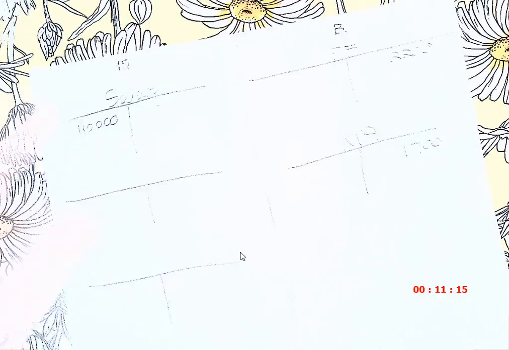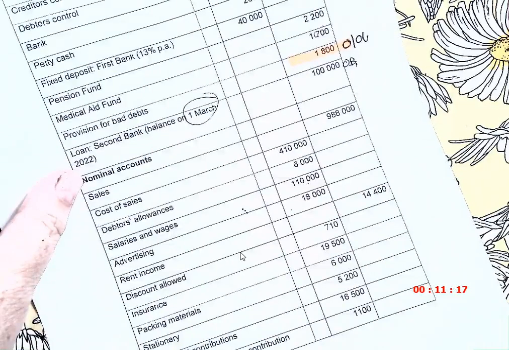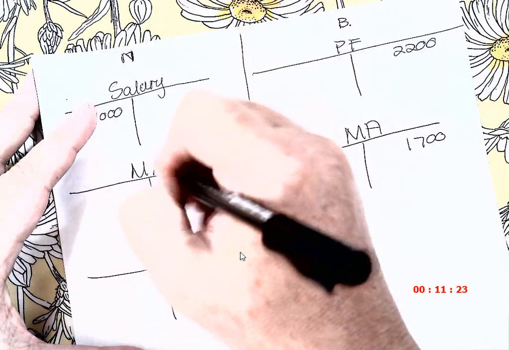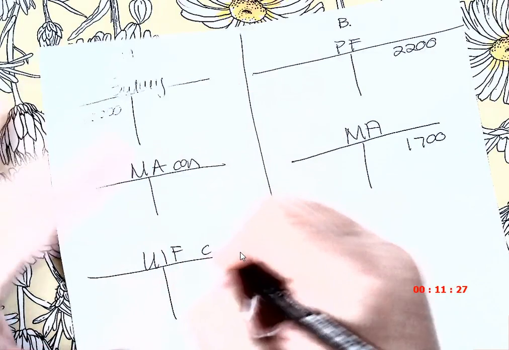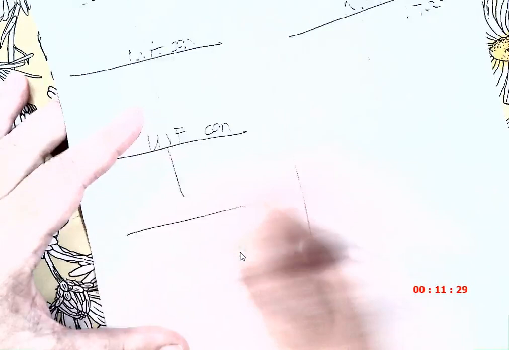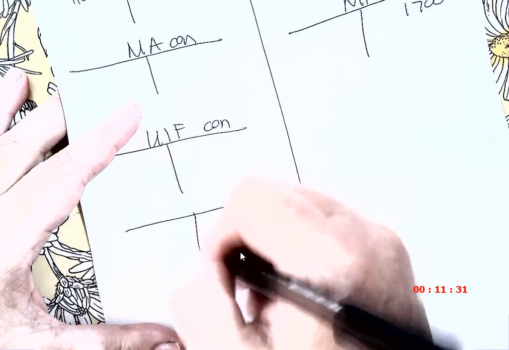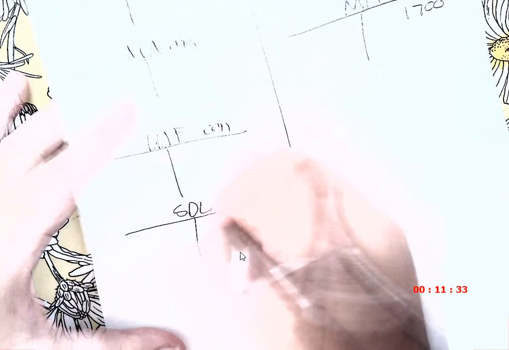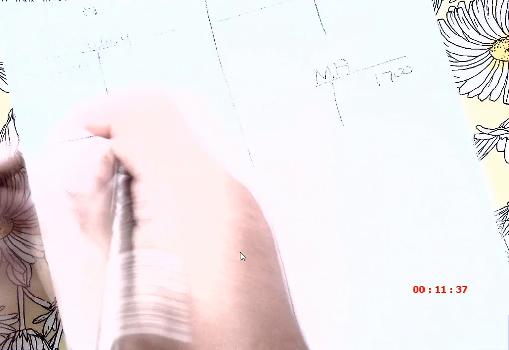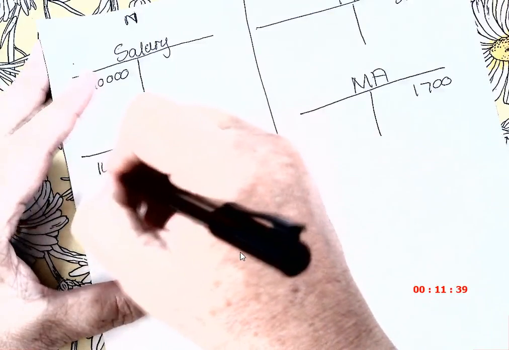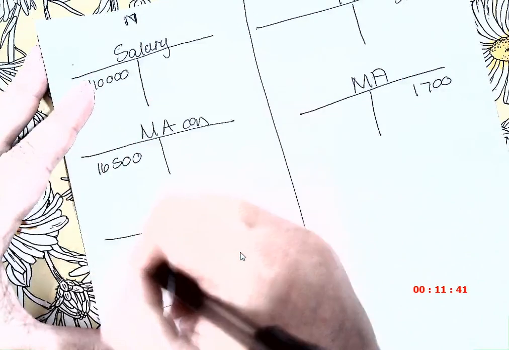Okay, I see I have medical aid and UIF. And I also had an SDL. So medical aid was 16,500 and 11,000.